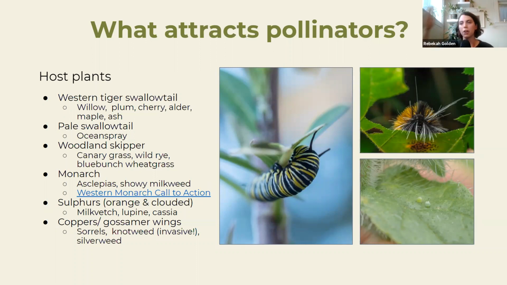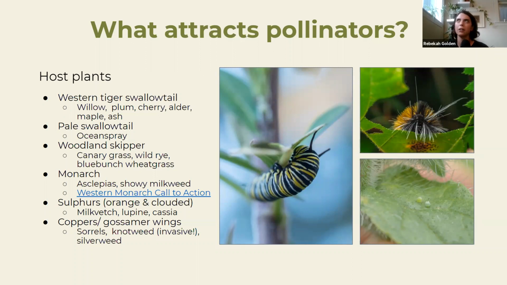We don't see them very often during their migration patterns, but there is a Western monarch call to action that you can take part in to help provide milkweeds, which are their host plants, in order to increase the area that they have. Monarchs are getting more attention because the 2021 count of monarchs yielded only about 2,000 individuals, which is a pretty steep decline.